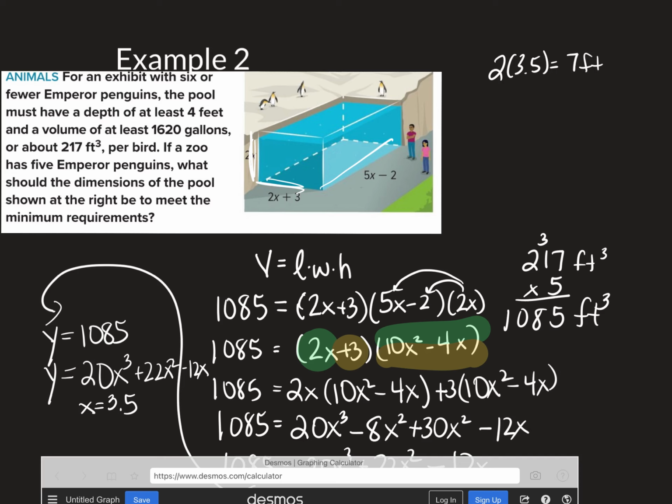And 2 times 3.5 plus 3 is 7 plus 3, which is 10 feet. And 5 times 3.5 minus 2 would be 17.5 minus 2, which is 15.5 feet.